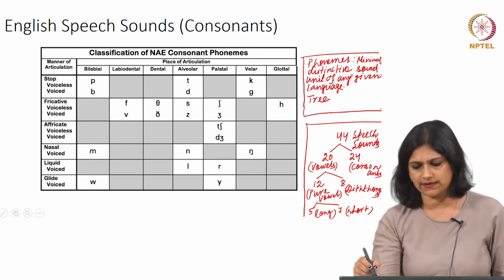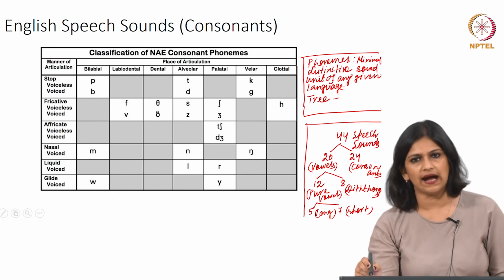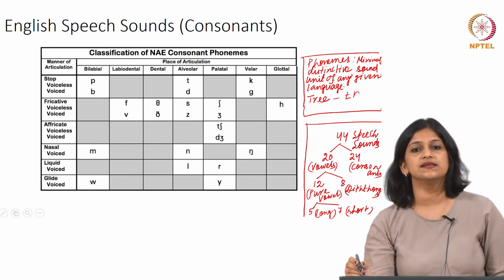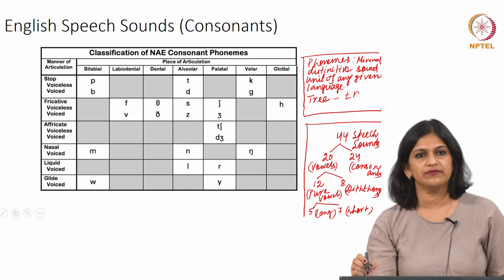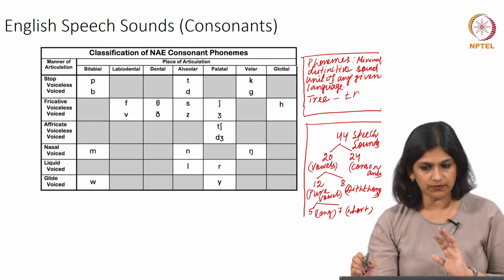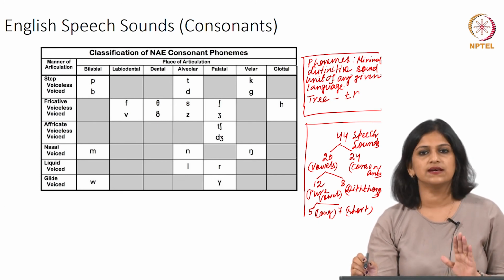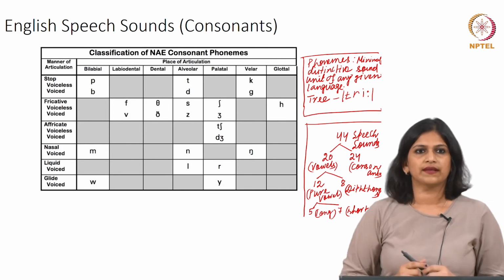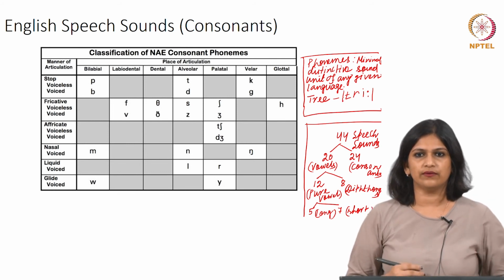There are 4 letters. Orthographically, this is T, R, E, E. But if I try to analyze the phonemes here, the first phoneme is T, the second phoneme is R, and the third phoneme is E, long vowel sound.